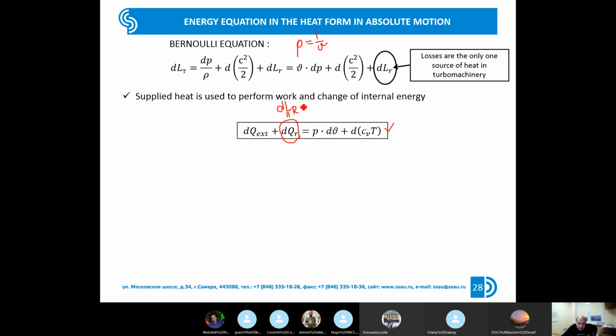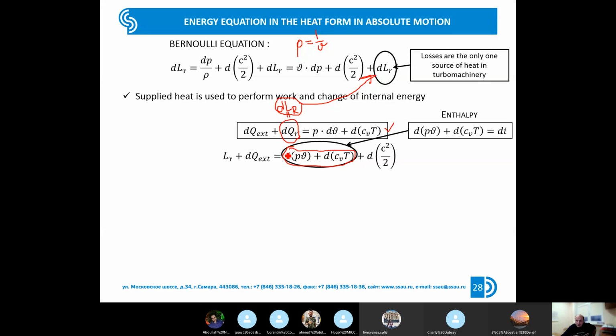We extract this value from the equation of the first thermodynamic law, and we put it into the Bernoulli equation. Finally, we receive such an equation. The first two terms are the enthalpy.